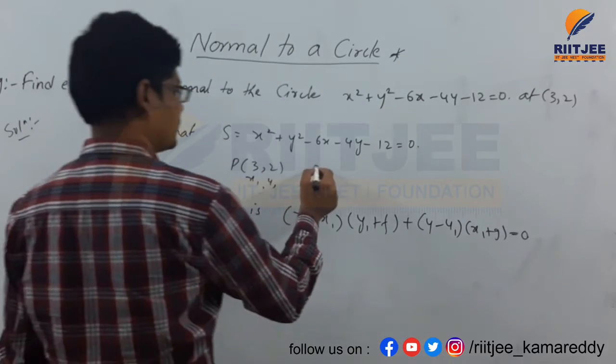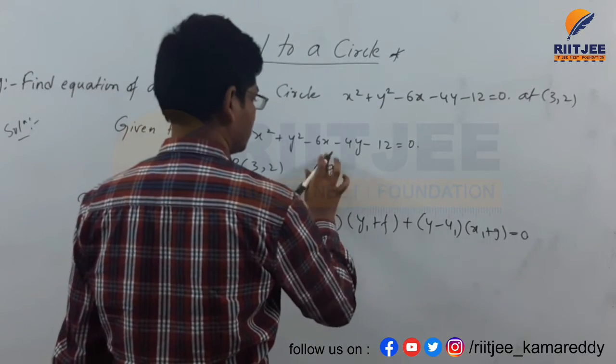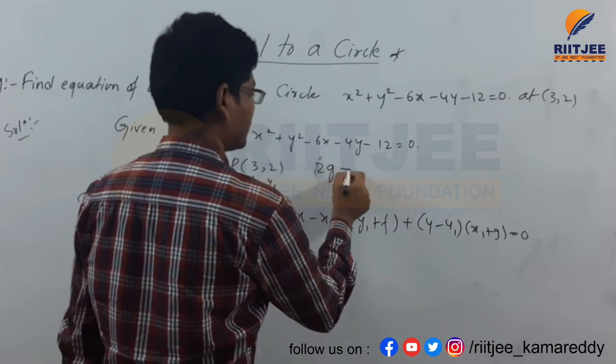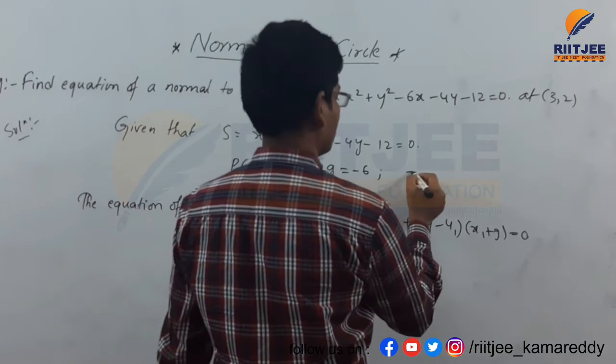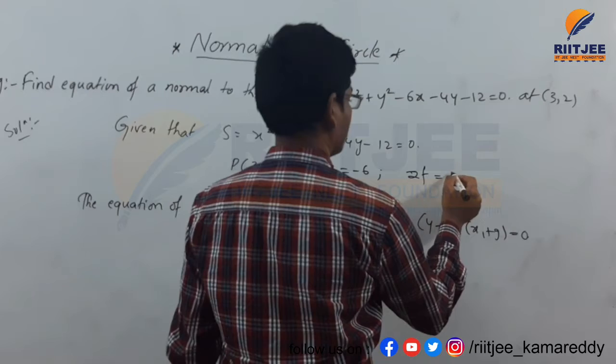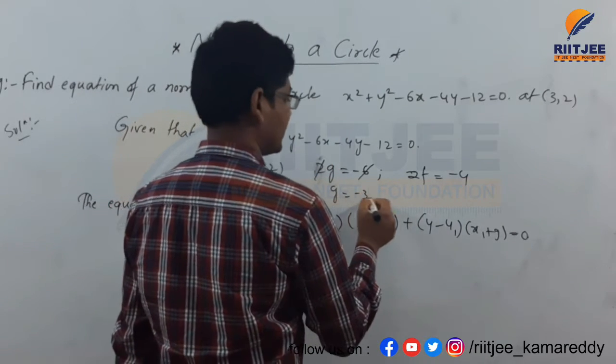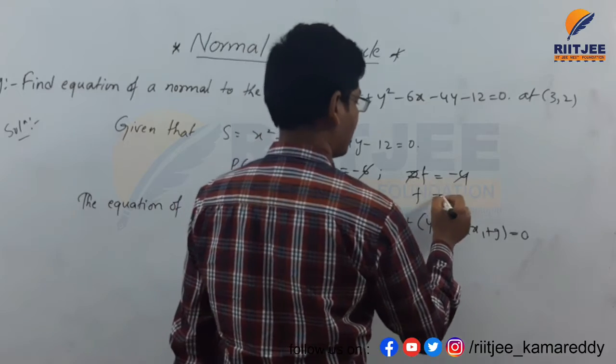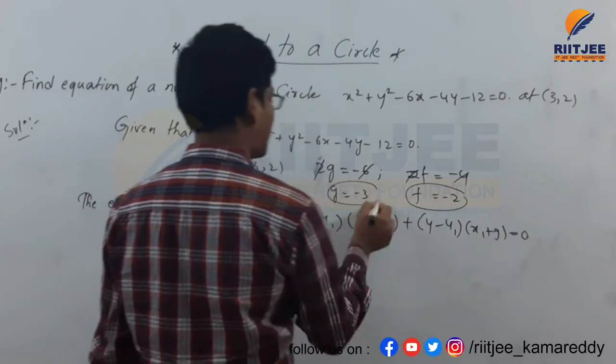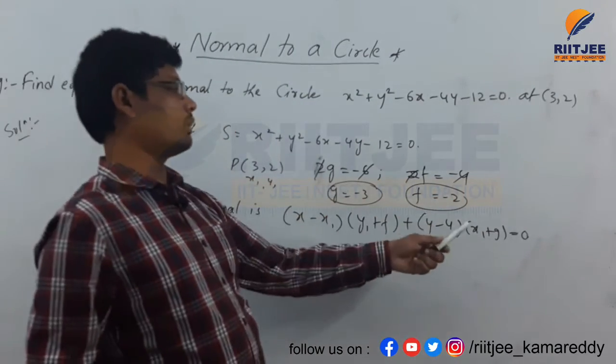2g is equal to minus 6 and 2f is equal to minus 4. So g is equal to minus 3 and f is equal to minus 2.